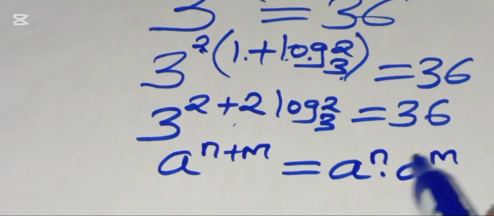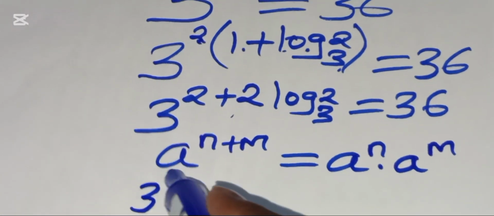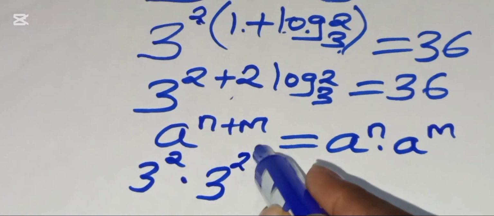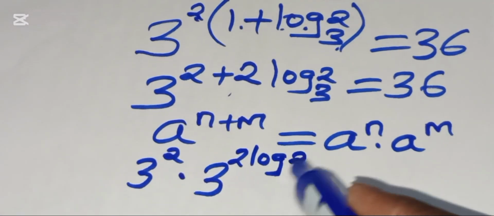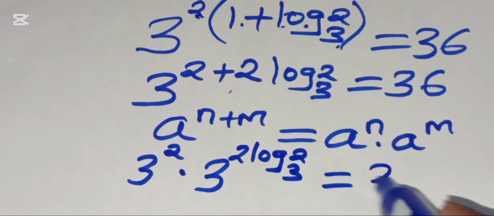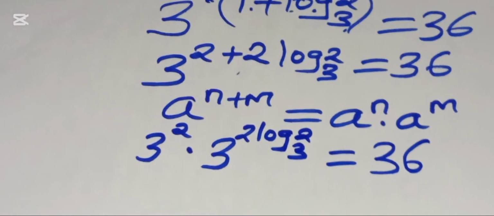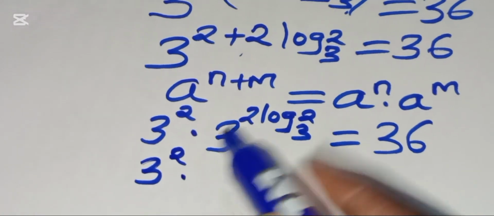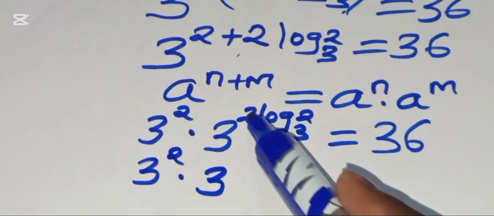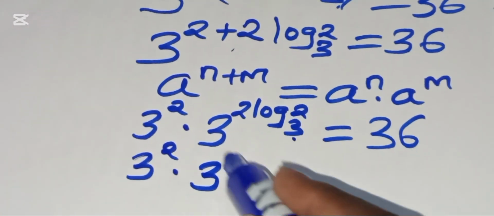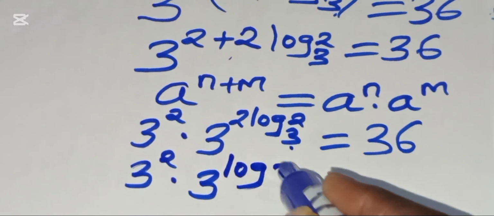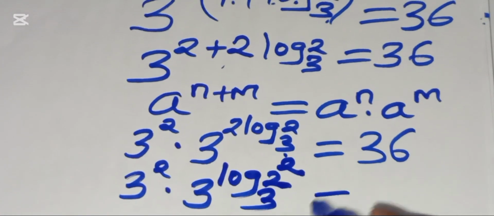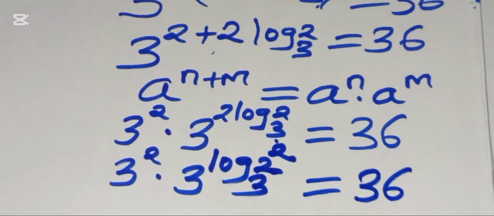So let's apply this property so that we have 3 squared multiplied by 3 raised to the power 2 log 2 to base 3. Now 2 log 2 to base 3 can be expressed as log 2 raised to the power 2 to base 3, and this is supposed to give us a value of 36.